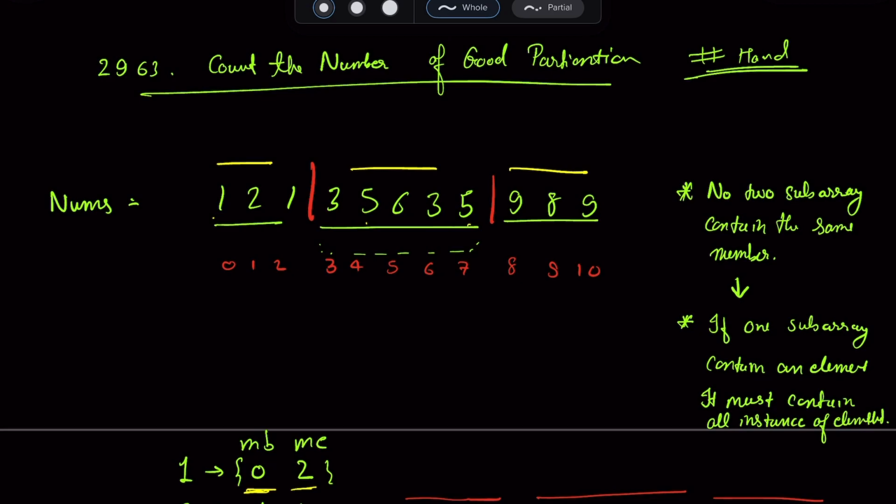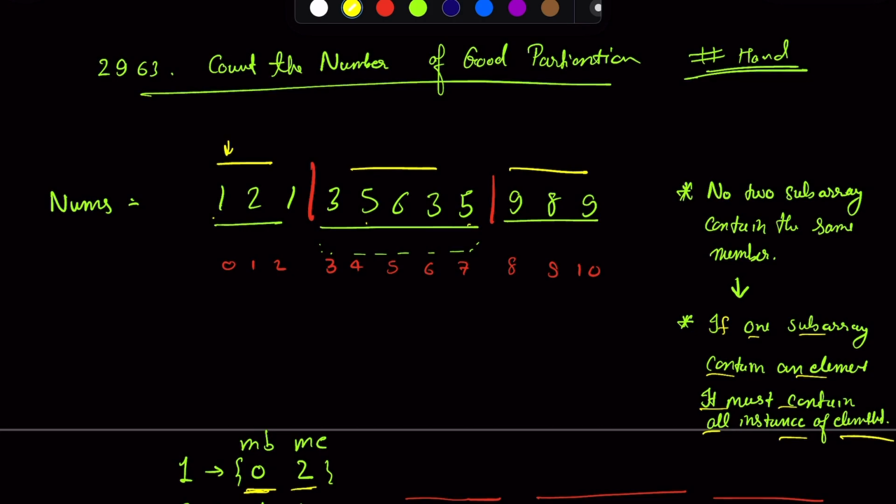We need to create the minimum possible subarrays in which each element has all other instances of it in it, which basically means if one subarray contains an element, it must contain all instances of that element. So if one is in a subarray, it should contain all instances of one in the whole array.